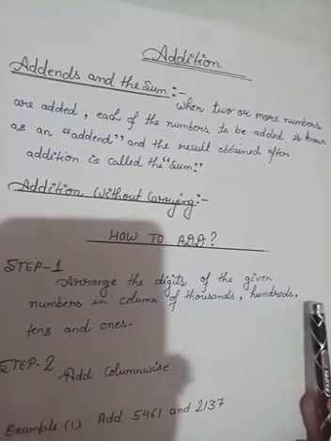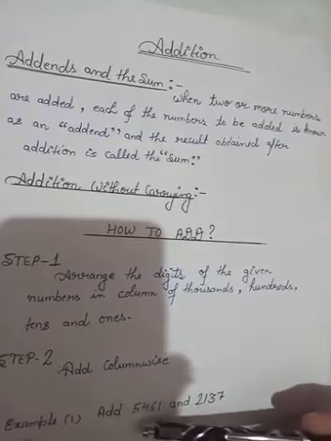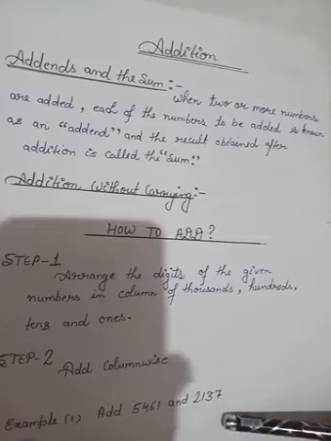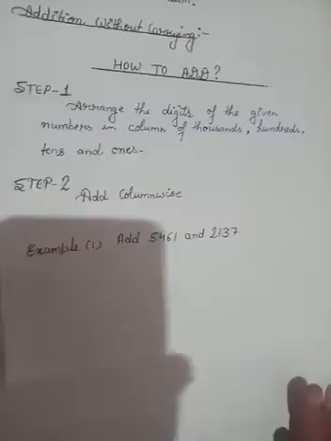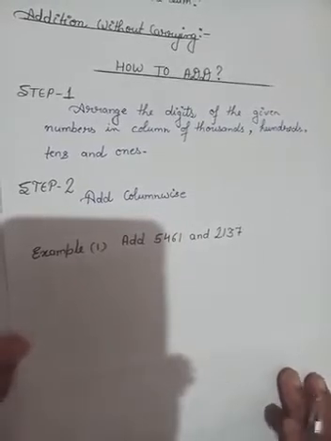Let's discuss it with the help of an example. Here our number is add 5461 and 2137. Firstly, we will arrange the given number in form of column.